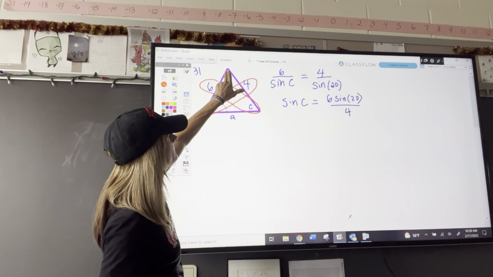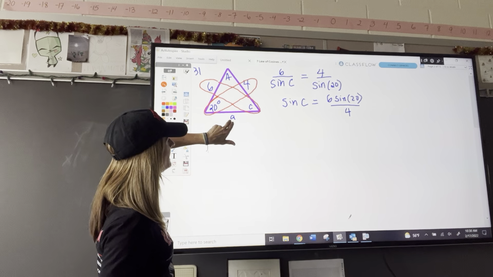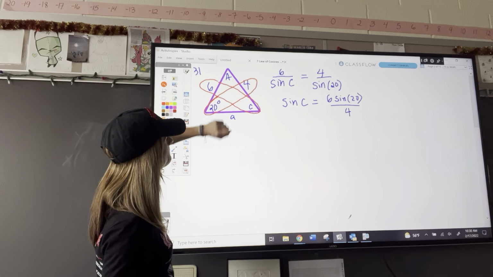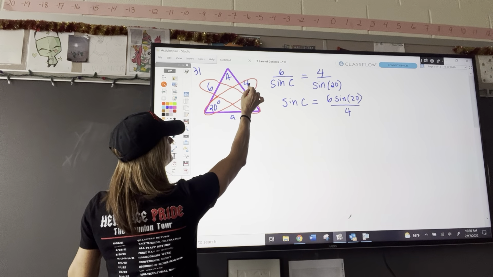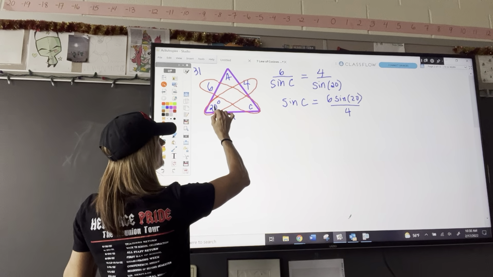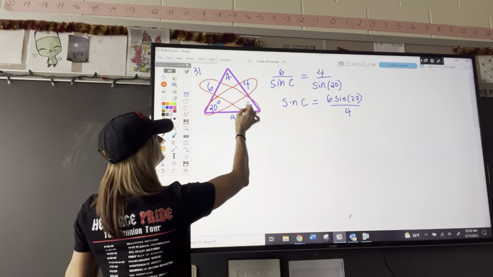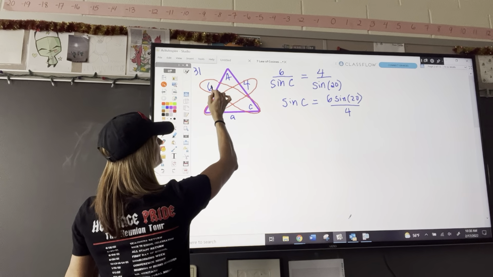So I've got this angle A across from this side a, and we don't know either of those. For B, we know that length is 4, and across from it, the measure of that angle is 20 degrees. And then for C, we know the side length is 6, and we don't know the measure of this angle.